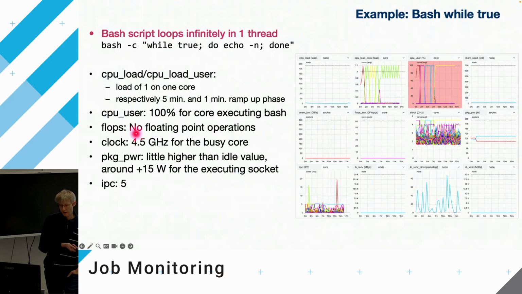And we see that the busy core goes up to 4.5 gigahertz, and the other cores are basically similar to when they're idling. And the package power is a little higher than an idling value, maybe plus 15 watts. And we also see here how the thread switched sockets, and because this metric is per socket, we see here a certain change.